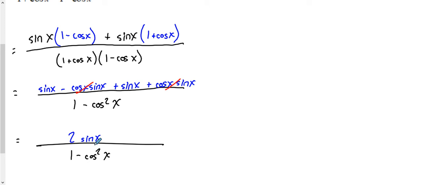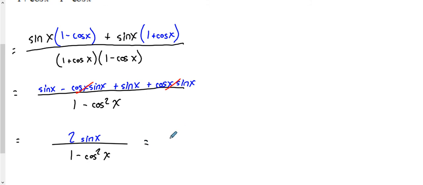From here, I'm going to see if I can play around with some sort of identity. I do know one identity that would work, and it pertains to our denominator. I know that 1 minus cos squared x, if you look under your Pythagorean identities, is the same thing as sine squared x. So let's quickly rewrite.